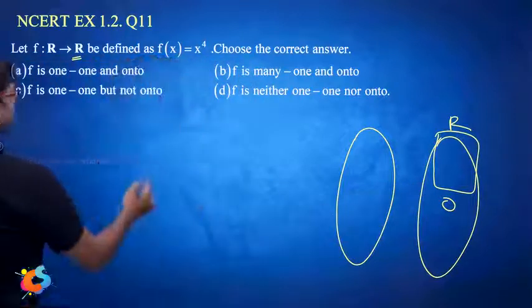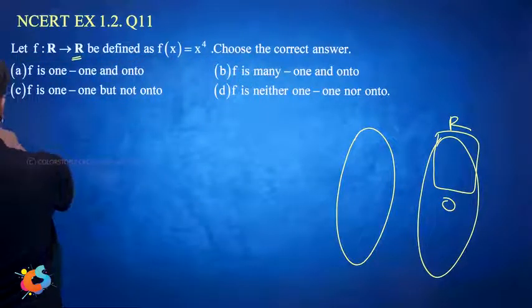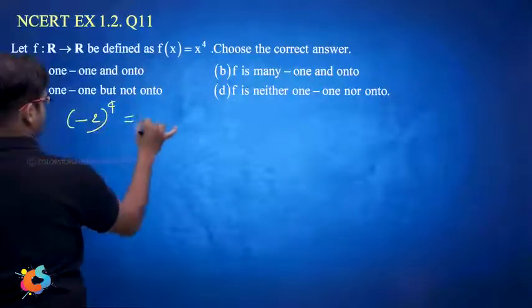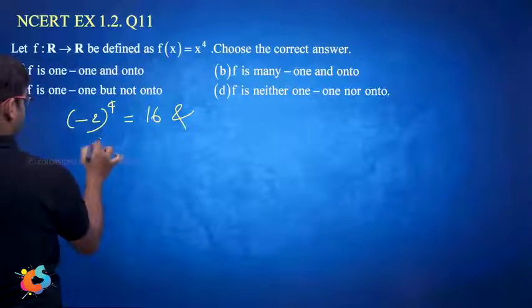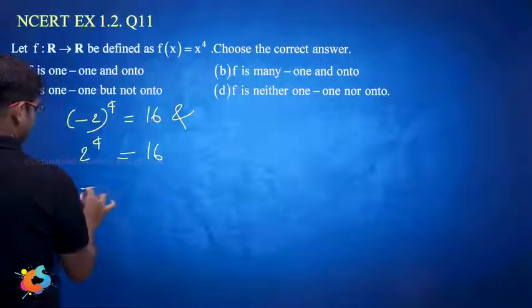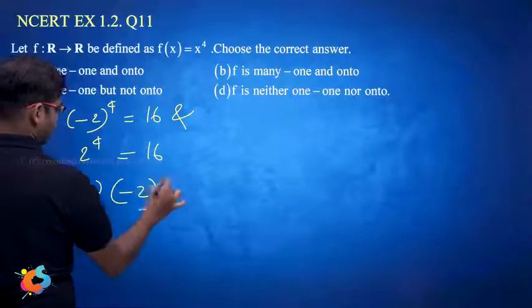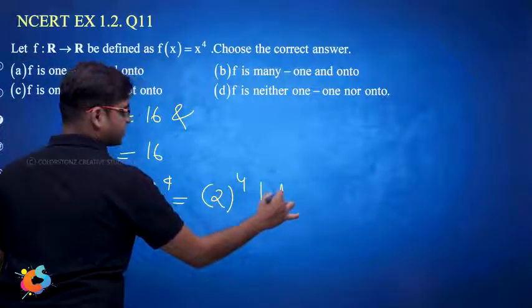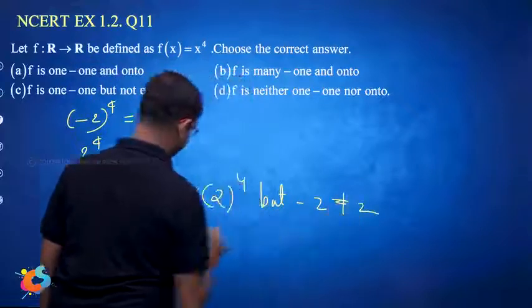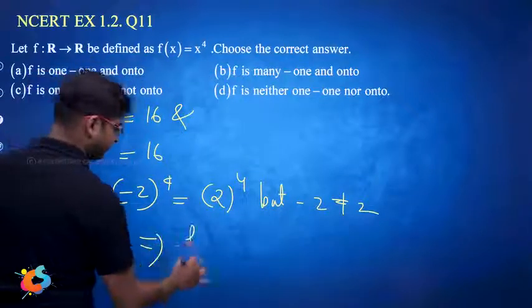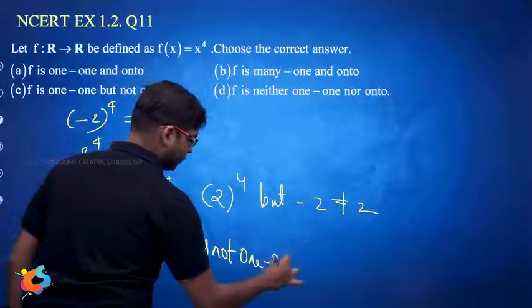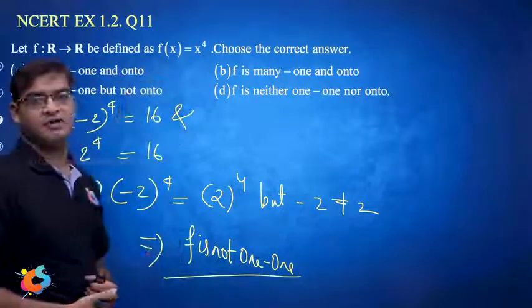So here we have to write the same thing. Minus 2 power 4 is 16 and 2 power 4 is 16 implies minus 2 power 4 is equal to 2 power 4, but minus 2 is not equal to 2 implies f is not 1-1.